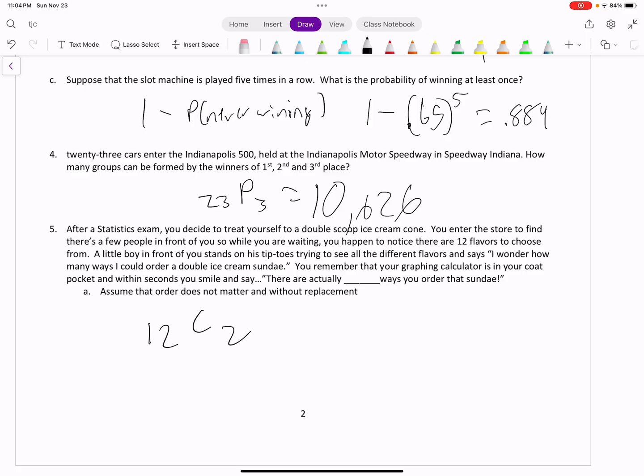Just a minute, guys. You end up with 66. So there's 66 different ice cream cones you can make where order doesn't matter without replacement, where you can't reuse a flavor and the order that they're selected doesn't matter.